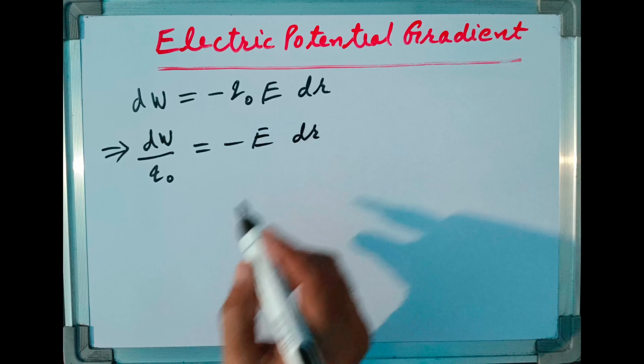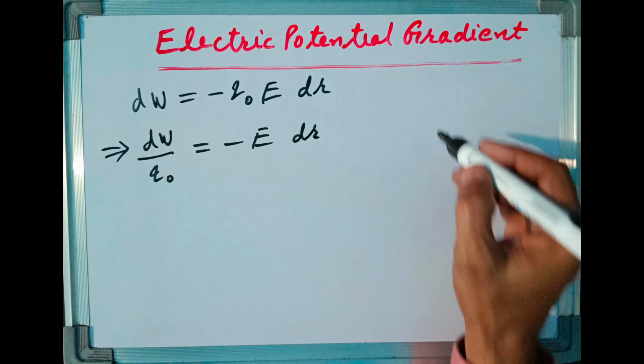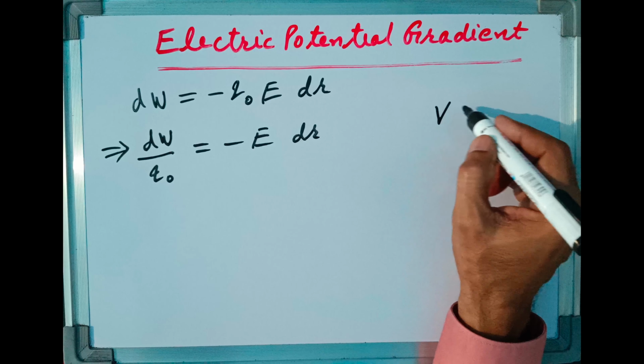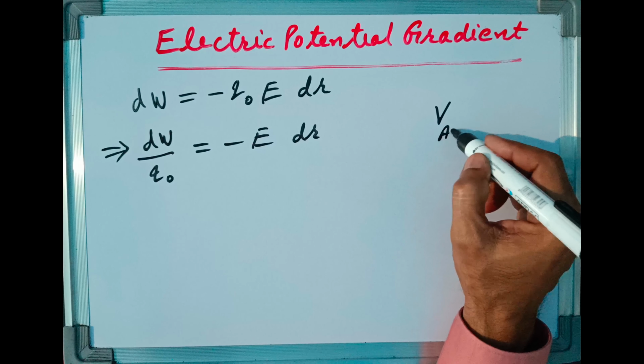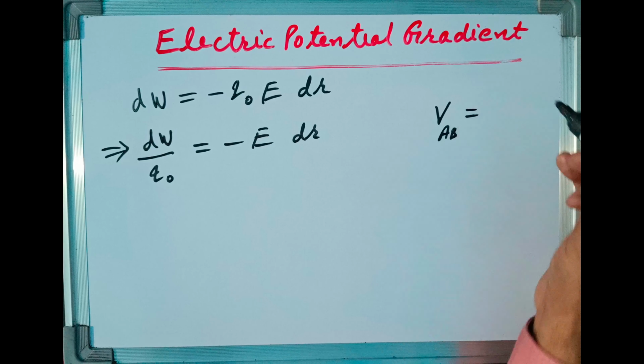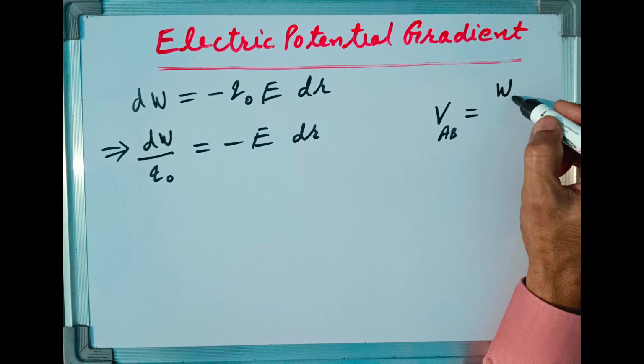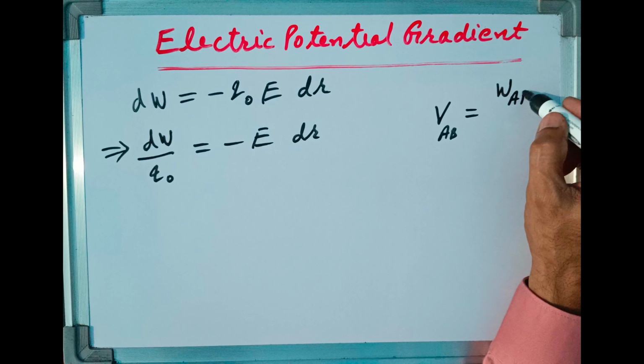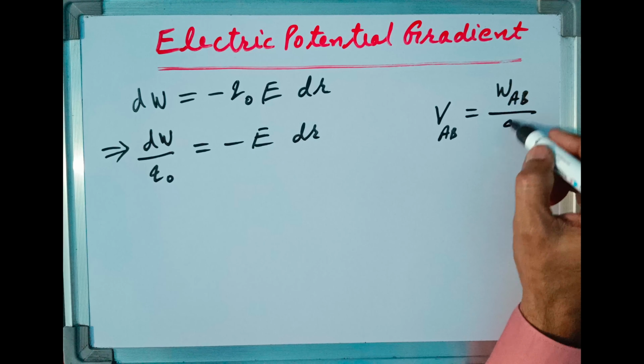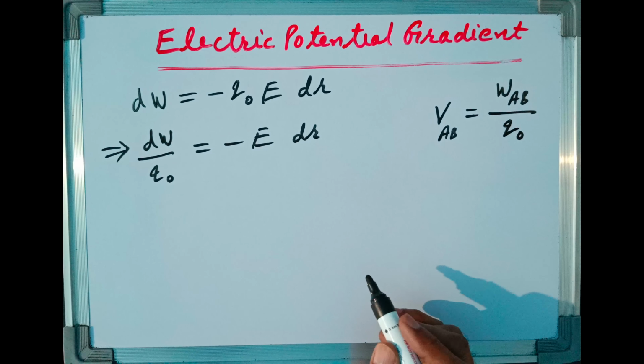By definition of potential difference, we know the potential difference between points A and B is defined as work done in moving a test charge from A to B divided by the test charge.